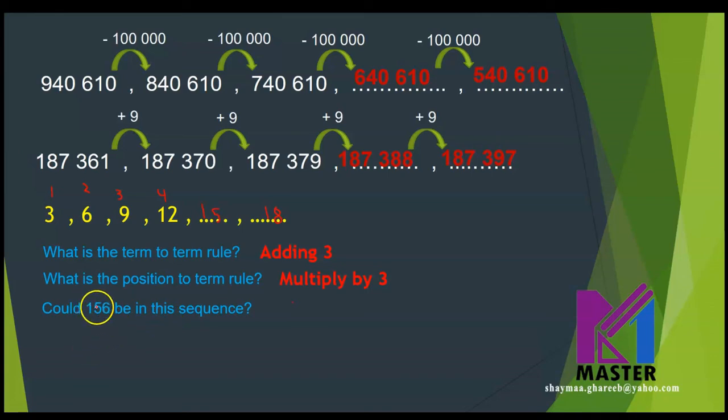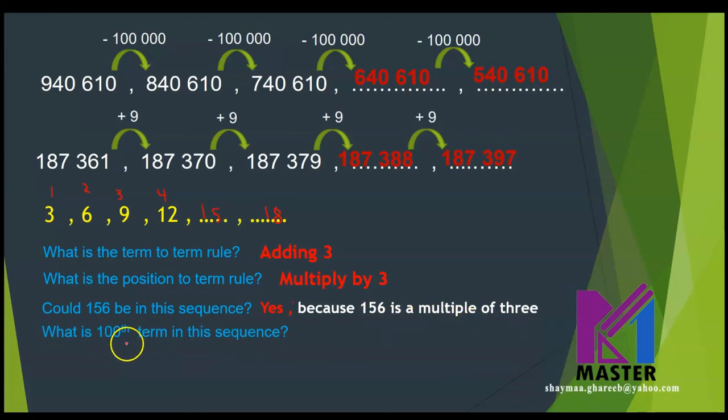By adding the digits. 1 plus 5 is 6. Plus 6, 12. Is 12 a multiple of 3? Yes. So this number, 156, will be a multiple of 3 as well, and it will be in this sequence. Yes, because 156 is a multiple of 3.